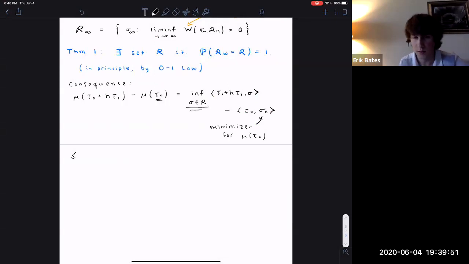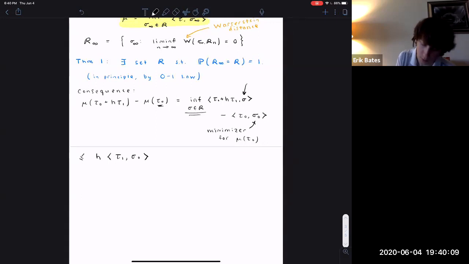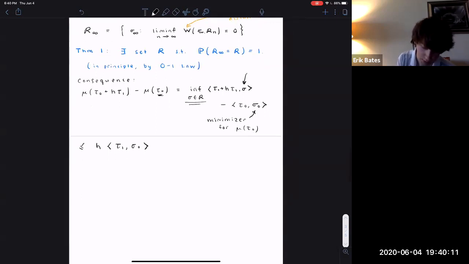Let's choose sigma naught. And now when I choose sigma naught and subtract these two quantities, all that I'll get is just h times the integral tau 1 with respect to sigma naught. Okay, so just put sigma naught there. That gives you one possible candidate for the sigma in R. So I get here an upper bound. And then when you do the subtraction, you just get this quantity.